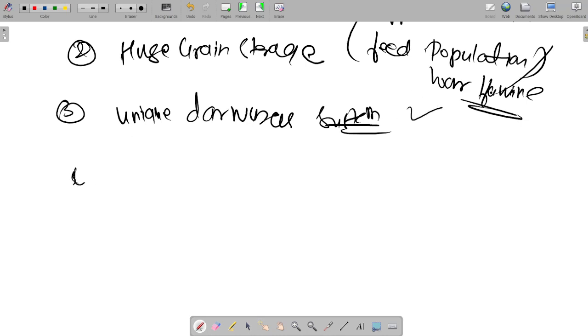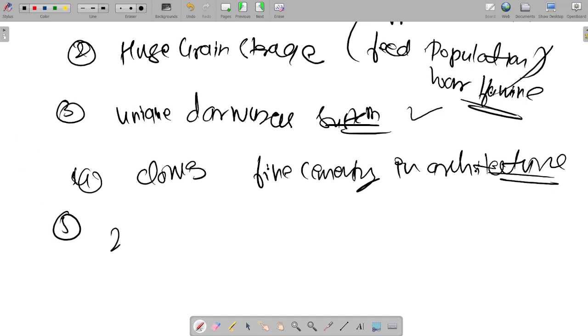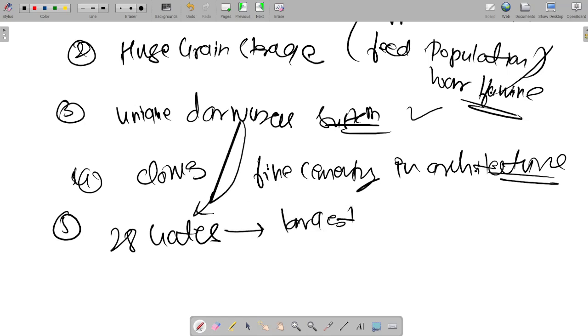He has also mentioned domes, fine symmetry in architecture. He has mentioned a total of 28 gates. The largest one was Badaun Darwaza.